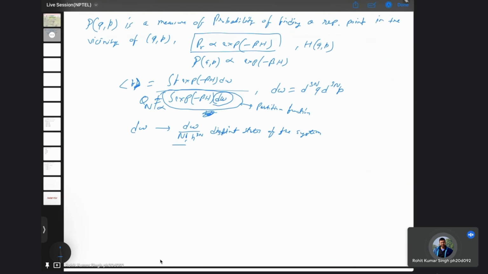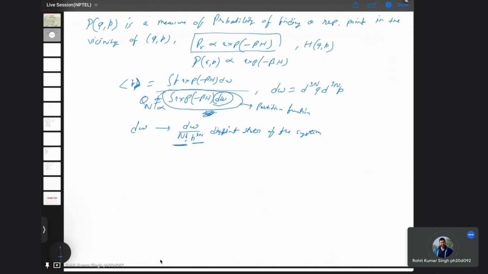The N factorial is coming because all the particles of the system are identical and indistinguishable, and h to the power 3N is the smallest phase space volume.